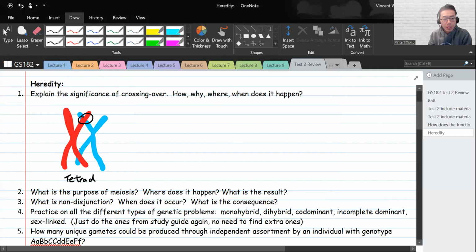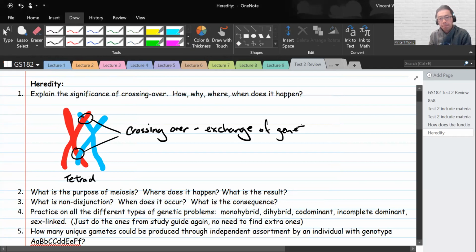And these are locations of crossing over, right? Crossing over, which is the exchange of genetic information between homologous chromosomes.